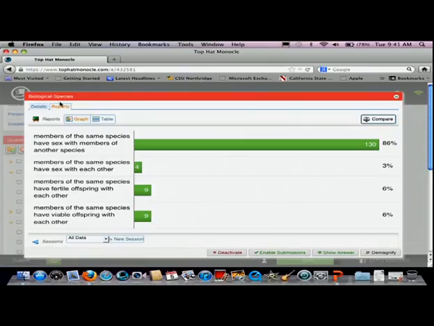And then, yes, members of the same species have viable offspring, which is alive. So remember when we talked about the mule or the hybrids, right? A horse and a donkey, they are separate species, but they will have sex if you play the right music. They will have live offspring usually. It's called a mule. That mule has an odd number of chromosomes, so it is not fertile. It cannot make eggs or sperm, usually. Very rarely, some of the female mules can go through ovulation, but it's very rare.